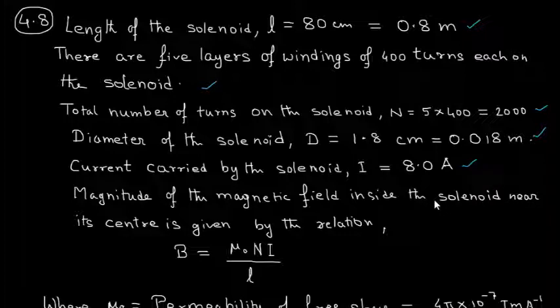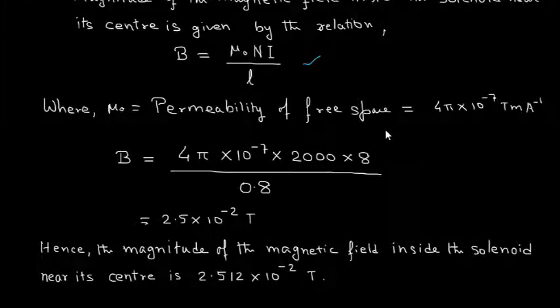Magnitude of the magnetic field inside the solenoid near the center is given by the relation B is equal to mu naught NI upon L, where mu naught is the permeability of free space, that is 4 pi multiplied by 10 to the power minus 7 Tm A inverse.